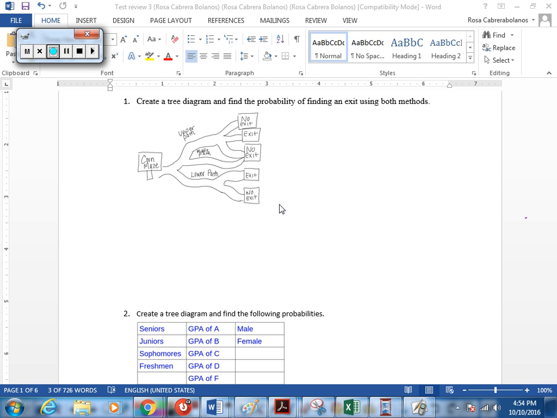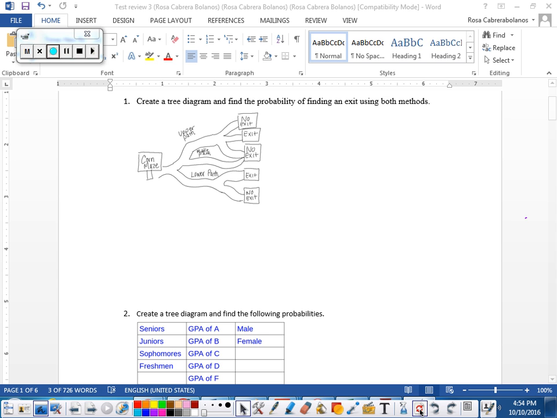For this question, you have to make a tree map first. You put your starting point, you're going to do your start, and then you're going to make your path.